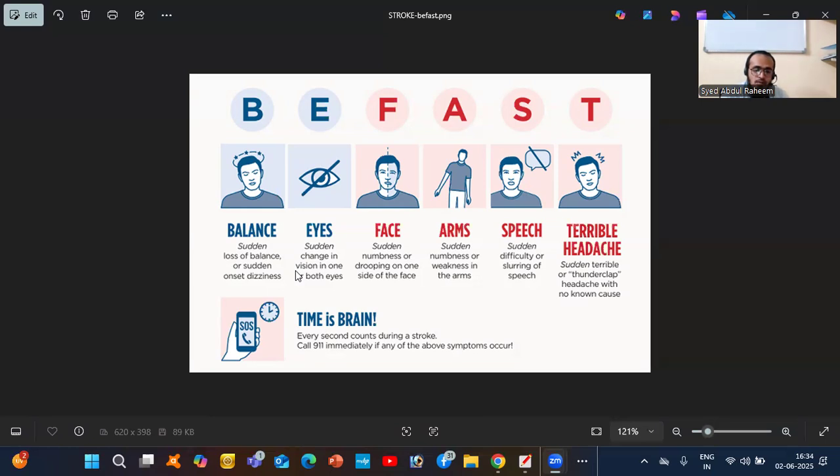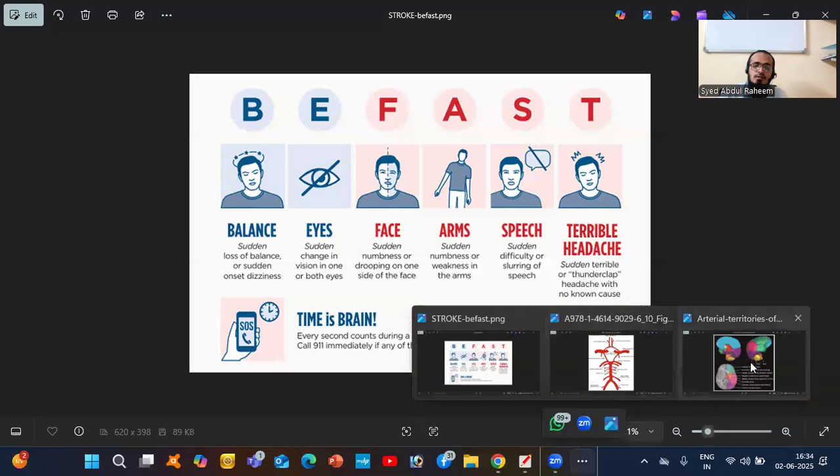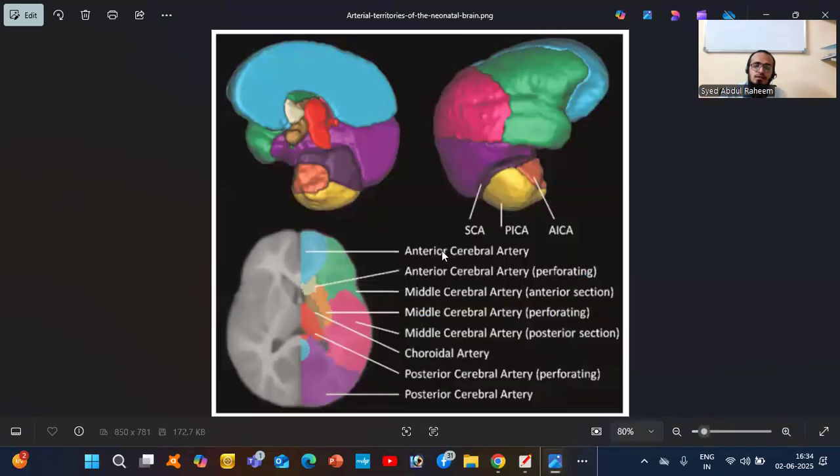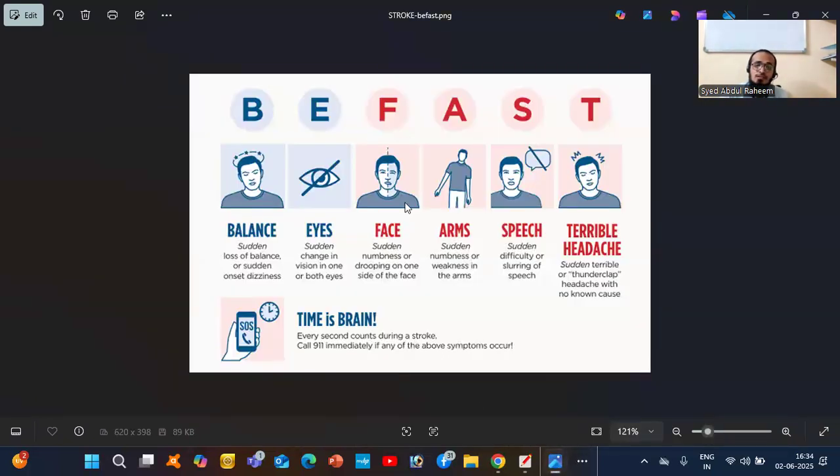If the patient has a mid cerebral artery problem, you can see this is the mid cerebral artery. What are the symptoms mostly? You can see that is facial problem. Okay, and you have weakness and sometimes speech difficulty.